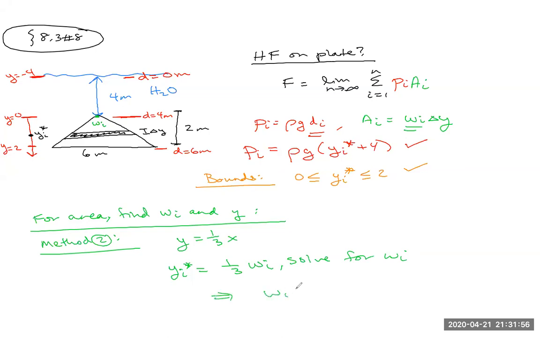So wi equals 3y star. Same thing. Okay, let's wrap this one up. We found our di, we found our wi. I'm going to clear this out.